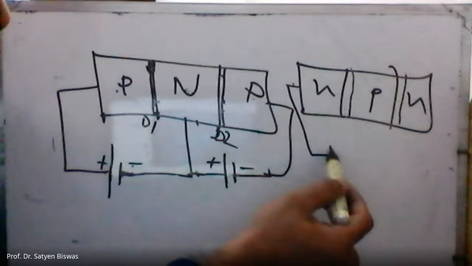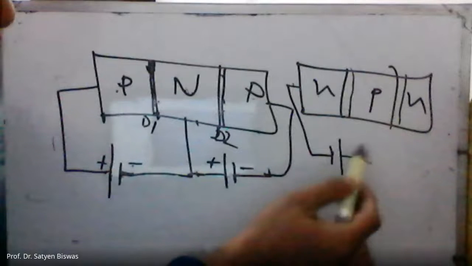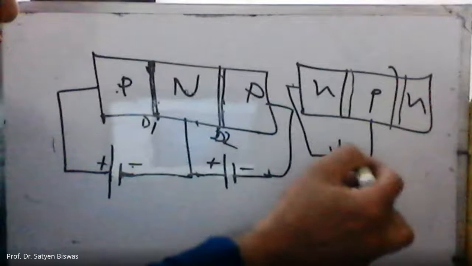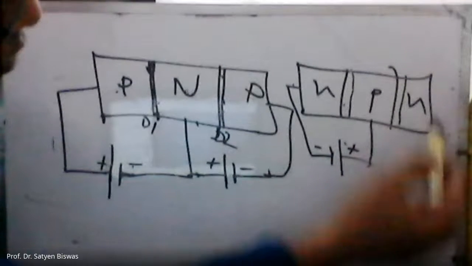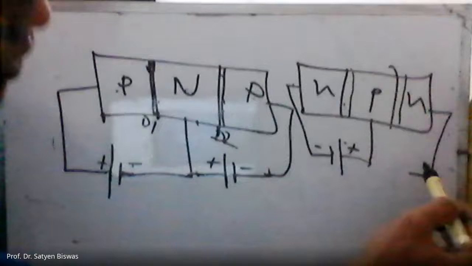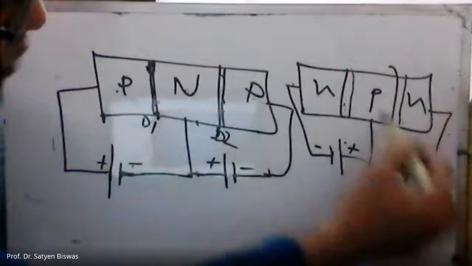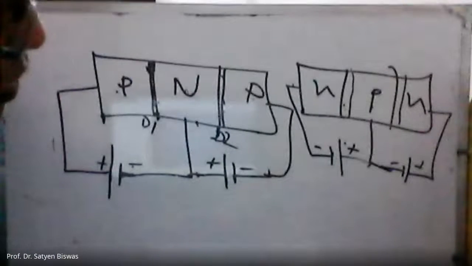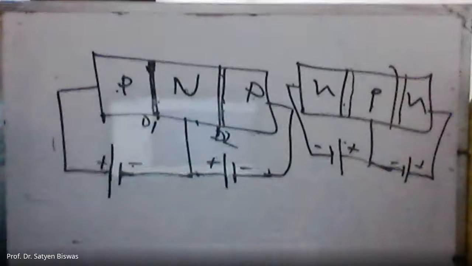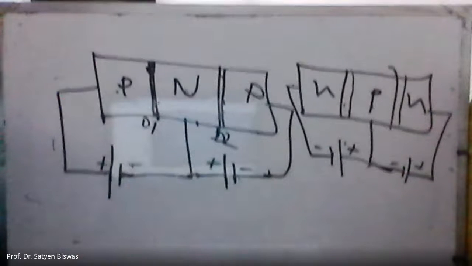This side will be negative and this side will be positive, and in here, positive, negative. So now it's forward bias, and this will be reverse bias. So the N side will be positive and the P side will be negative. Now that's done. And all the operations will be exactly the same as a diode, because these are two diodes and two voltages operating. Okay?